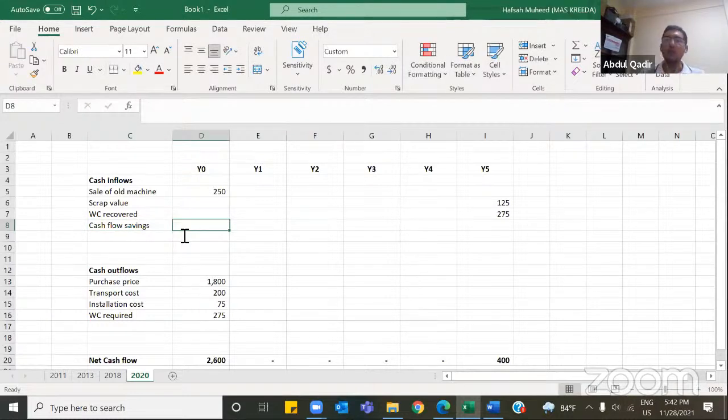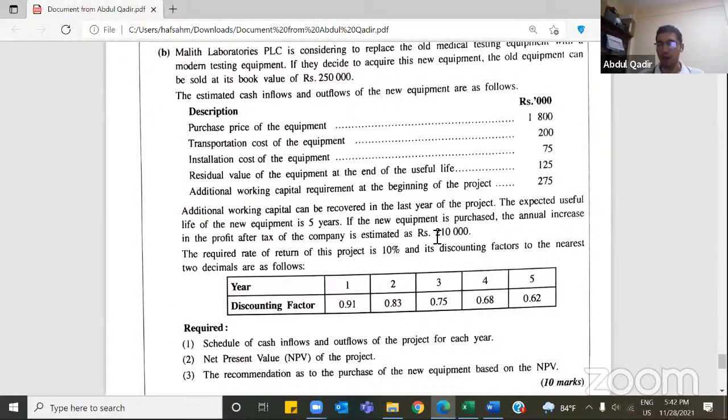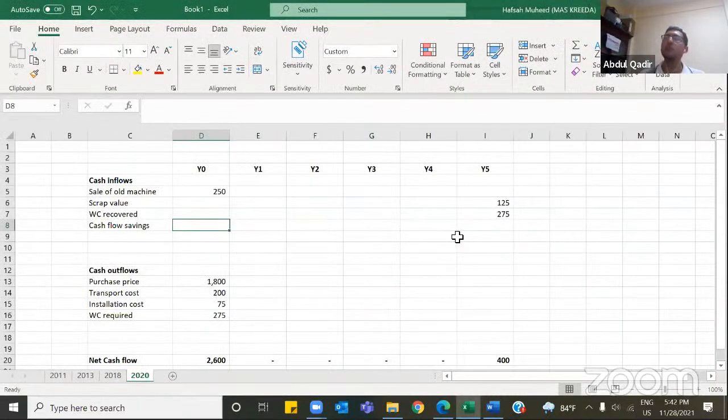And do I include this 210,000? The answer is no. Why? Because these are profits. I need the cash flow which you will be earning. So you're going to earn a profit of 210, but what will be the cash flow you're earning? So that you need to calculate.